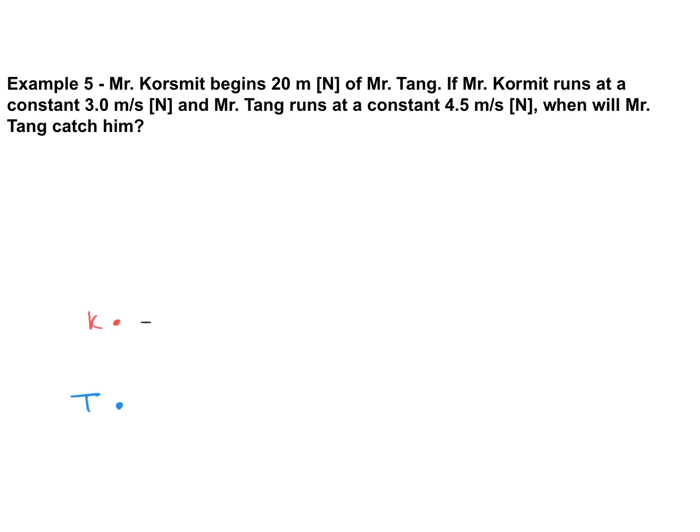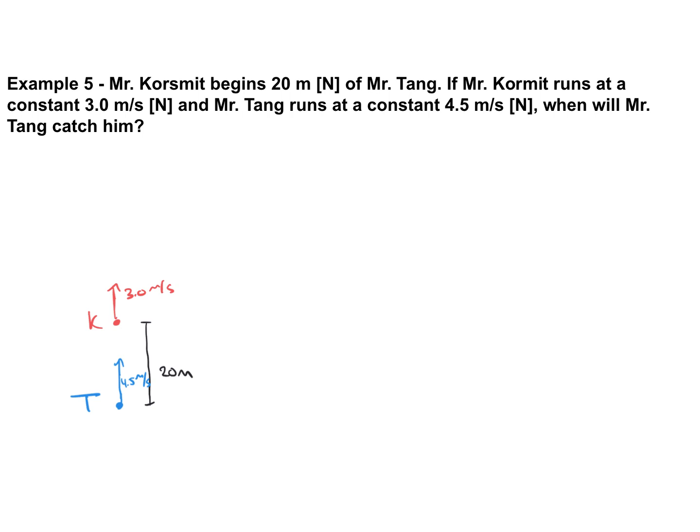Okay, so that's 20 meters. And Mr. Korsmit is going to be moving at 3.0 meters per second. Mr. Tang is going to be moving faster, obviously, at 4.5 meters per second. Okay, so I'm going to eventually catch him because I'm running faster than him.